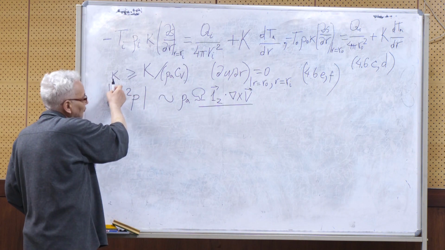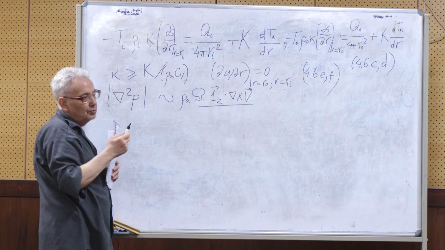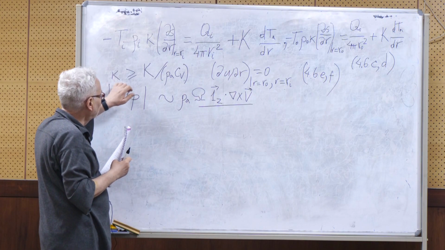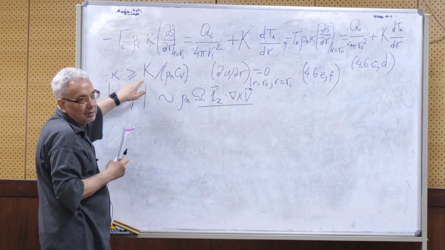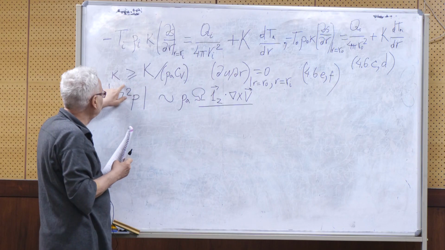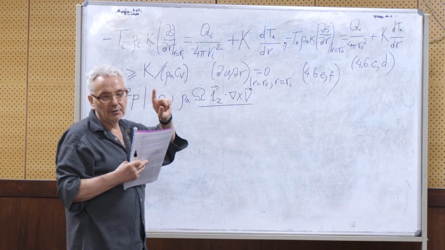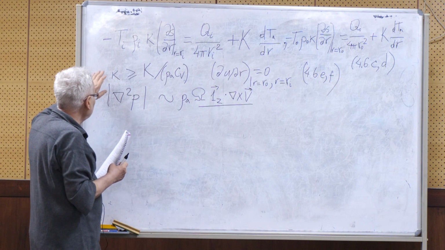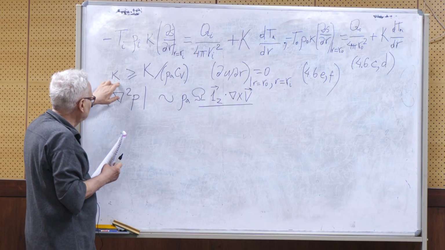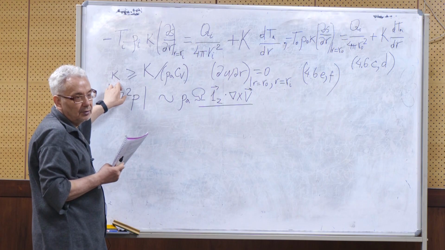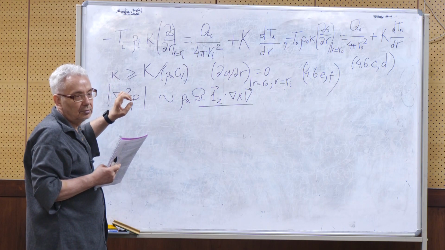But this is not so well determined. If we use the molecular value for this coefficient, then it's just equal, and only in this case. But reaching the molecular value is quite difficult, because it's too small.